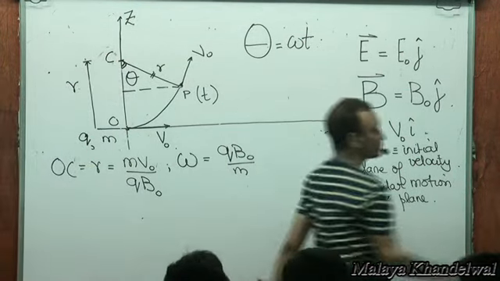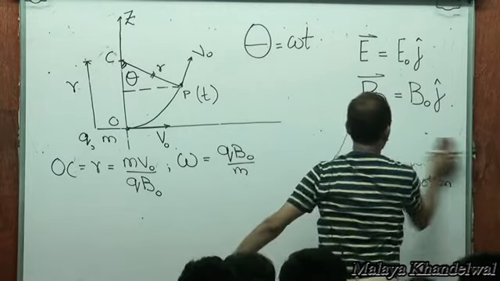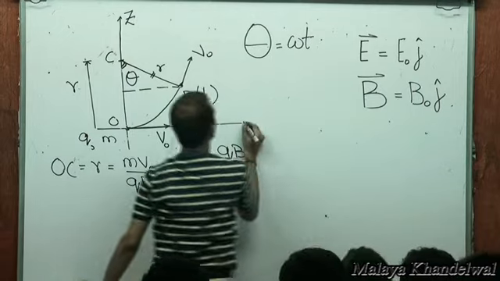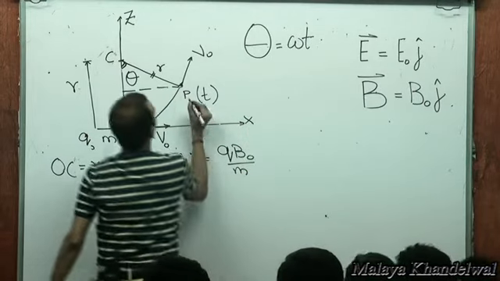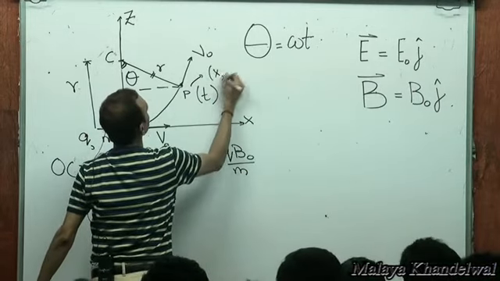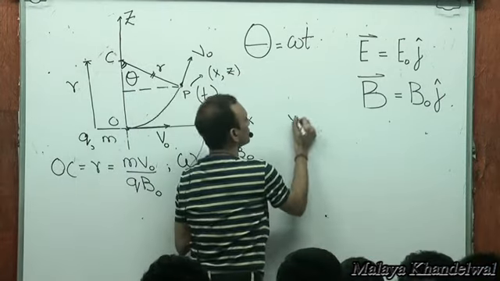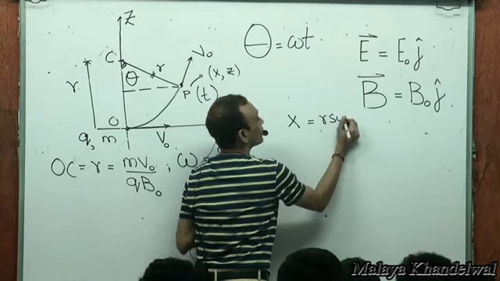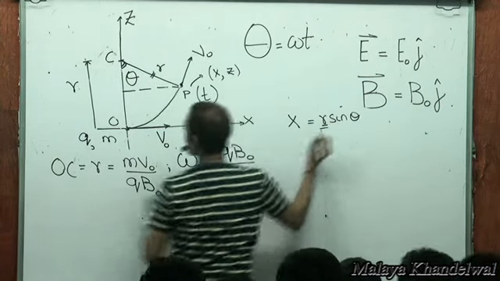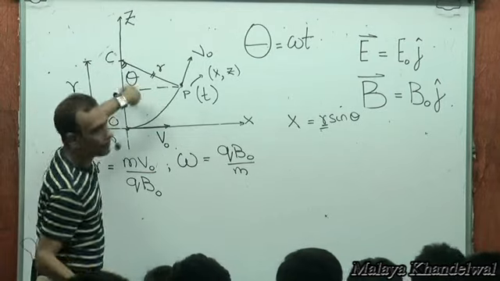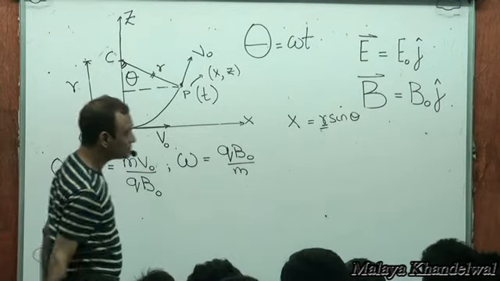So which means, at an instant of time t, the particle P has x coordinate r sine theta, where theta is omega t, r is mv0 by qB0, right? And theta is omega t, right?